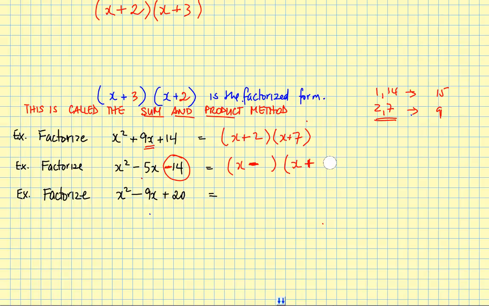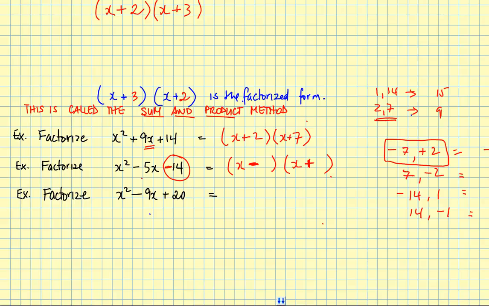Okay, so again, we look for all the factors of negative 14. The factors of negative 14 could be negative 7 and positive 2. It could be negative 2 and positive 7. It could be negative 14 and 1, or 14 and negative 1. Now, when I do the summing of all of these, they have to sum up to negative 5. And it would seem that the one that would work is negative 7 and 2, because that gives me negative 5.